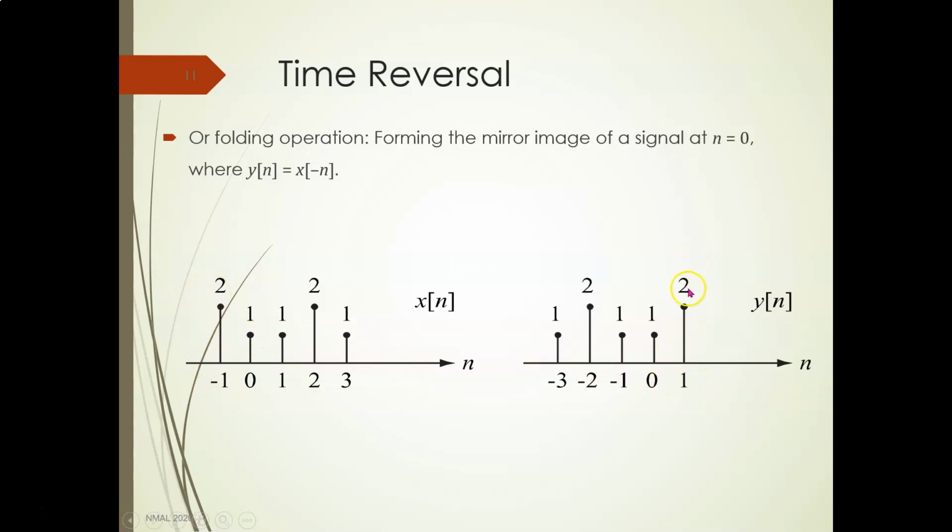So the value here is 2. Okay. So in other words, you just reverse the time base here. From negative 1, it becomes 1. Example, another one is 3 here, it becomes negative 3. And the values of amplitude are still the same. So this is time reversal.